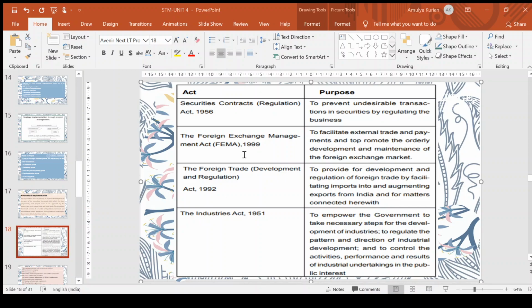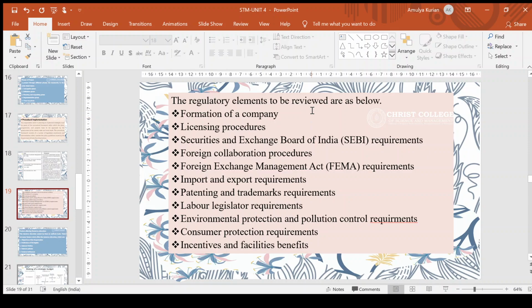And apart from this, some of the regulatory elements which we have to look into are these: formation of a company. There are certain laws or acts, or procedures, which we have to follow. Then the licensing procedure, SEBI requirements, foreign collaboration procedures, FEMA, import export requirements, patenting and trademark requirements, labor legislation requirements, environmental protection, consumer protection requirements, and incentives and facilities which are given to the workforce.